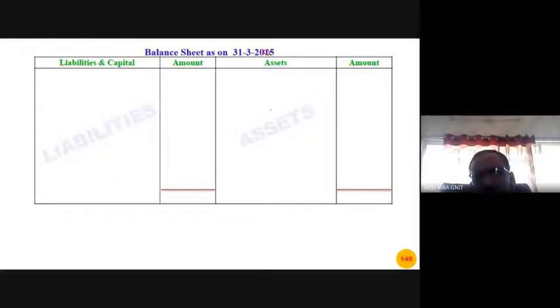On the right side, assets are shown. Assets refer to furniture, buildings, cash, debtors, and so on. Liabilities include bank loan, capital, creditors, bills payable, and so on. Draw this format, then we go to the problem.